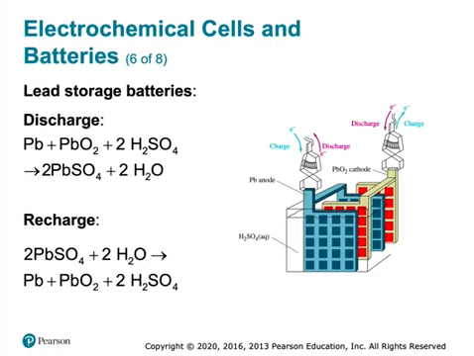The anode is a dull gray color, it's the lead, and the cathode is lead oxide, which is white. If you were to take it apart, that's what it would look like. Both the anode and the cathode turn into lead sulfate, which is aqueous.